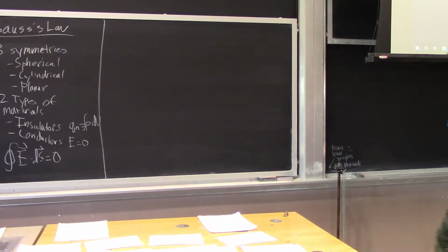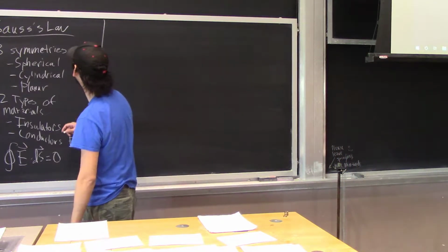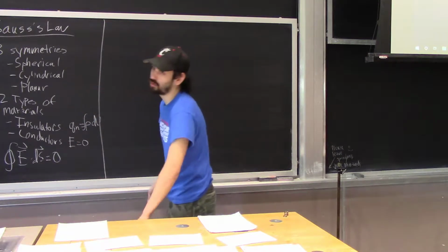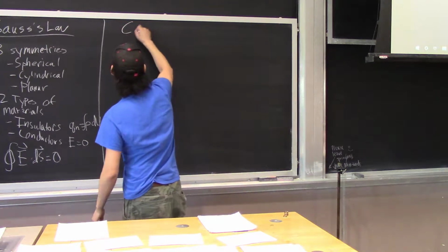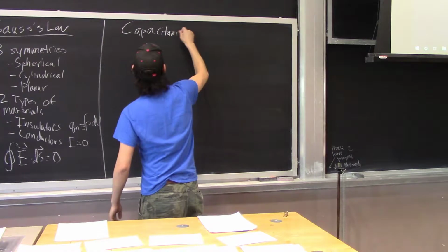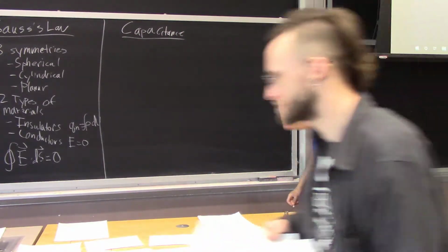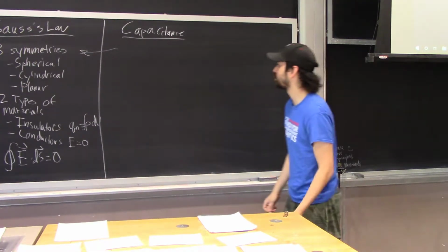But we also saw that a lot of the material that we go over in this class carries over to other areas, and so that's to say Gauss's law was really important for understanding how to find capacitance of systems. So the next topic was capacitance. And in order to find capacitance, again, we had the same 3 symmetries that we used with Gauss's law.